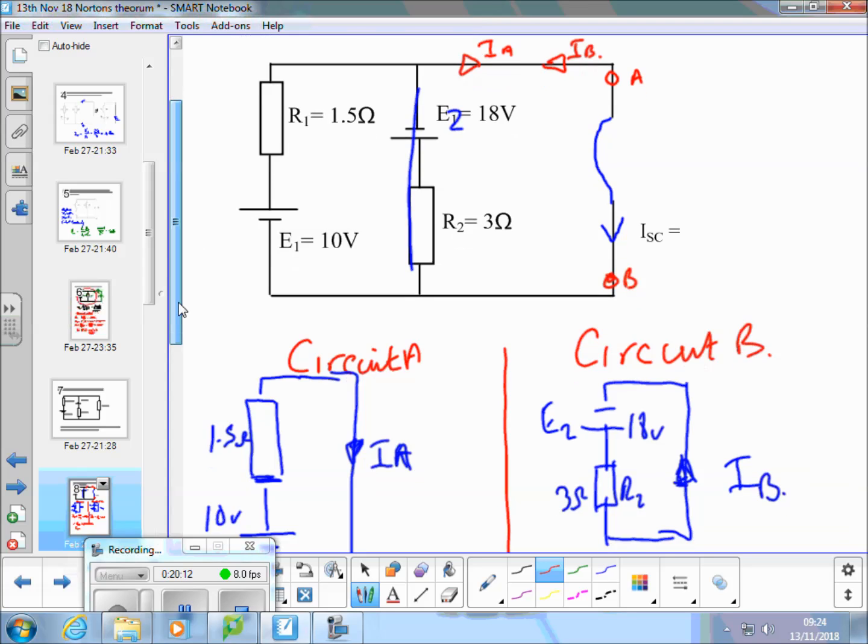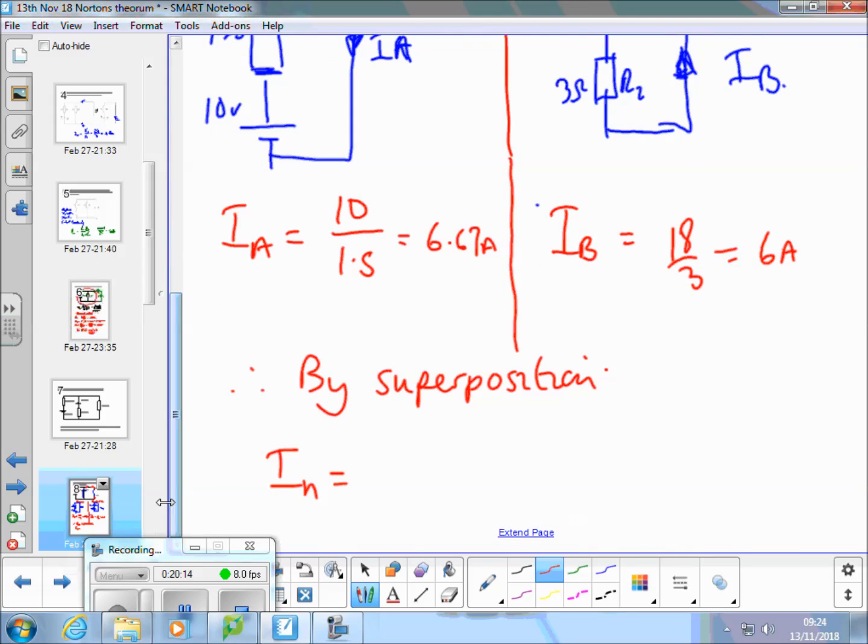So IA is the biggest, so it's IA minus IB, 6.67 minus 6, 0.67 amps.